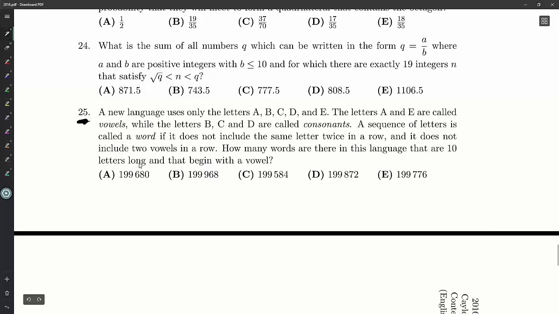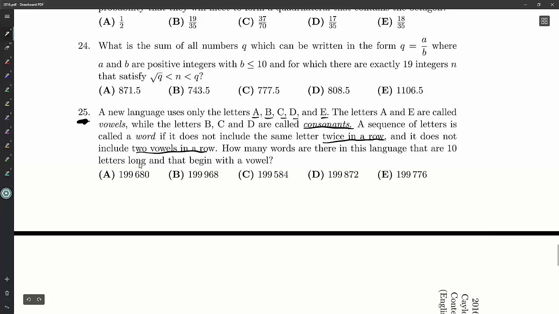So as I say, question 25: a new language uses only the letters A, B, C, D, and E. Letters A and E are called vowels, while B, C, and D are called consonants, just like in the real English language. A sequence of letters is called a word if it does not include the same letter twice in a row, and it does not include two vowels in a row.